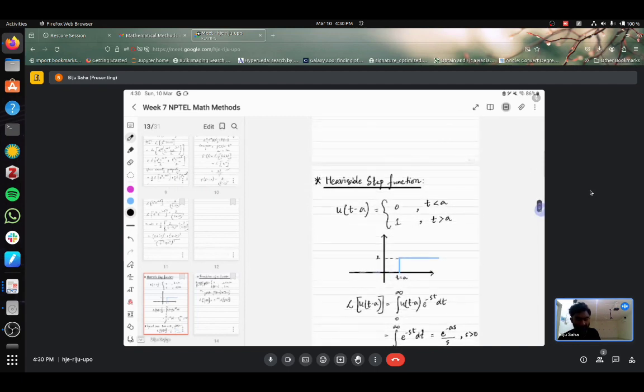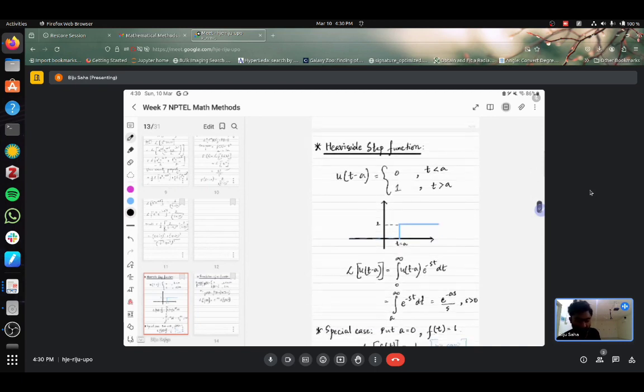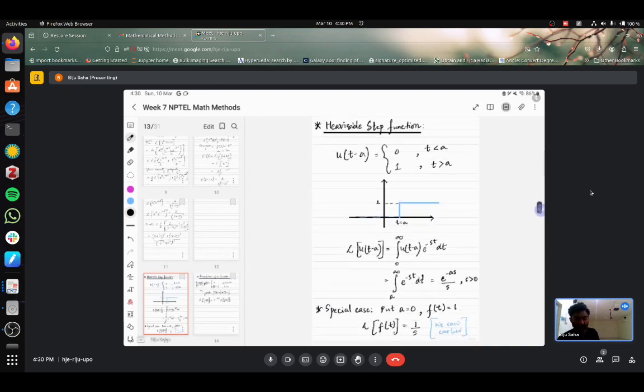With that, let us go to the next topic, the Heaviside step function. The step function basically looks like this, because it looks like a step, and the main property is that for certain values of the argument the value of the function is 1, and for values below a threshold the value of the function is 0.